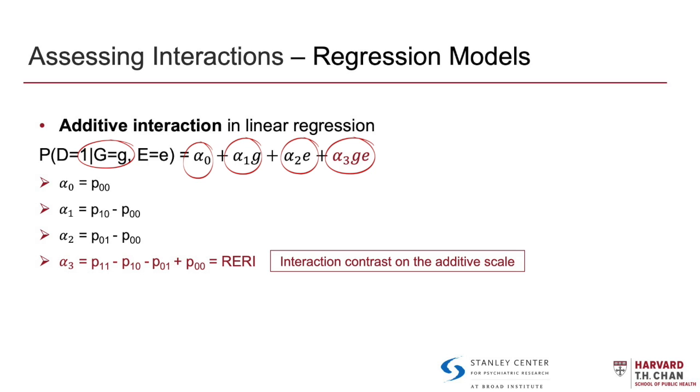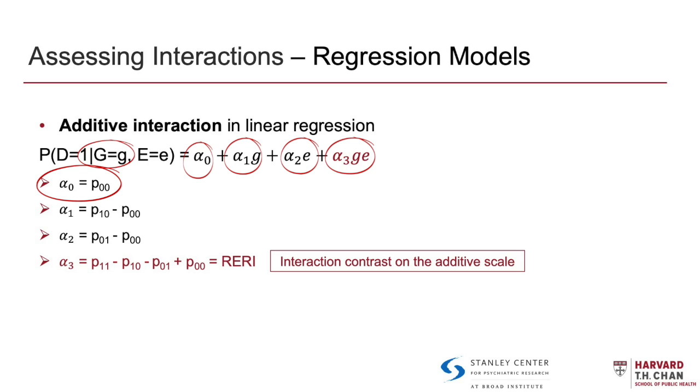So we would write our model this way, and we would get our probability of a disease. Alpha 0 would be P00, which is the underlying risk in the absence of both an environmental as well as the genetic risk factor. And you can know this if you substitute all the G and the E values by 0, you would get the underlying risk.